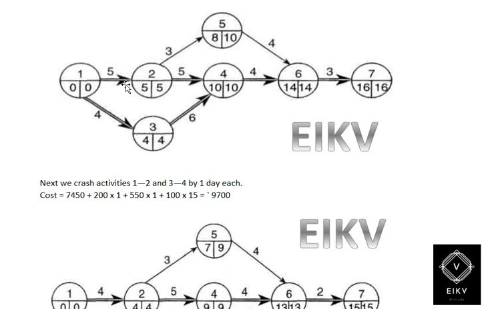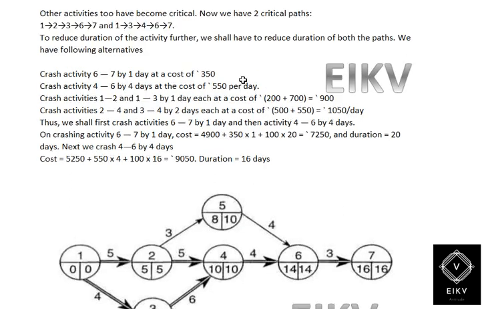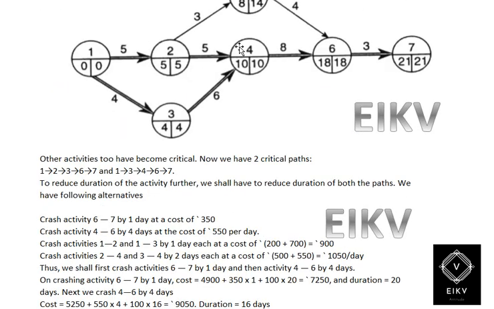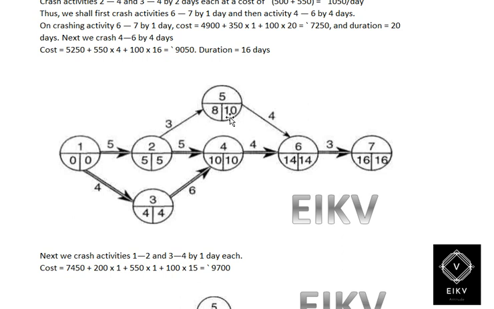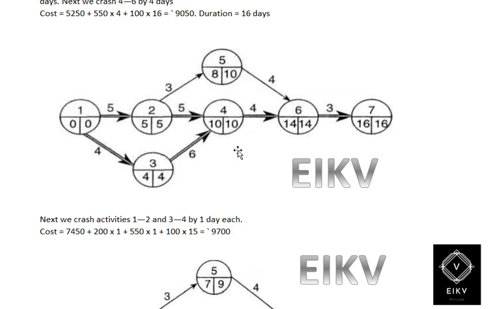So these are the activities which we have crashed: activity 1 to 2 has been crashed, and 2 to 5 has not been crashed. Then we have crashed 4 to 6 and 6 to 7.